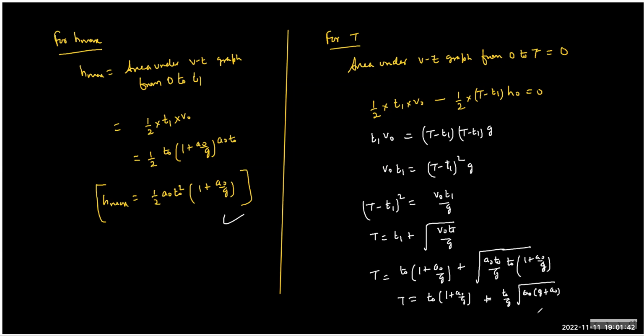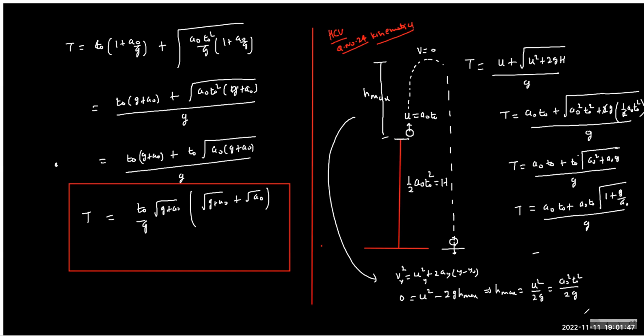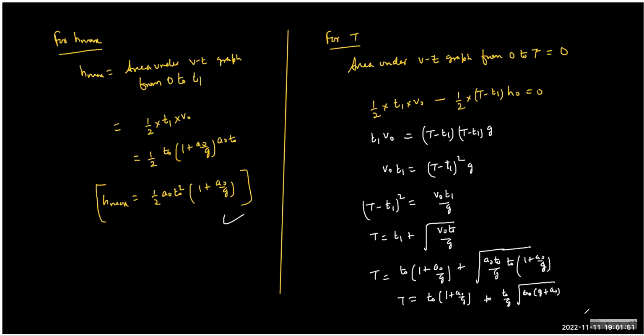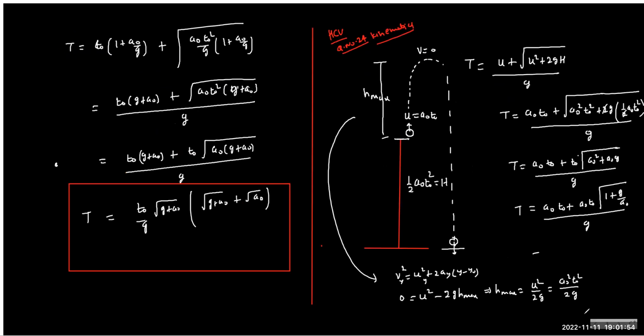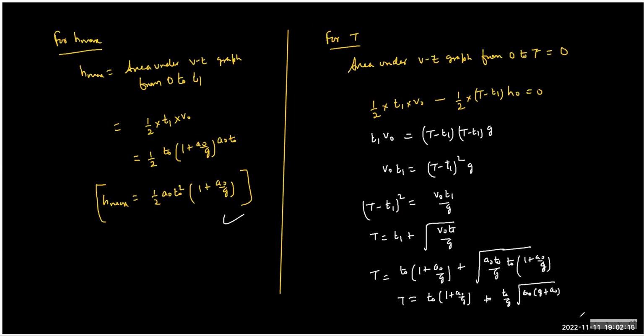T naught plus A naught by G plus T naught by G. And that is correct only. Why different answer? This is interesting.